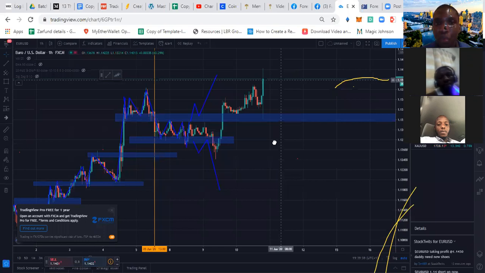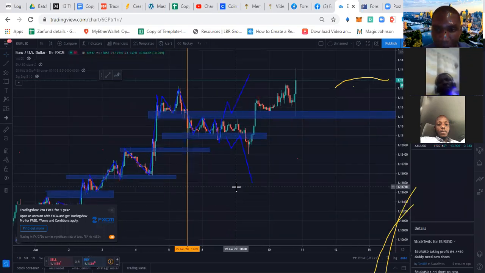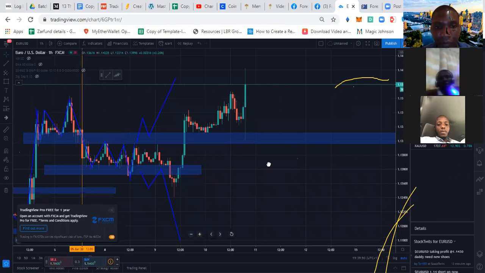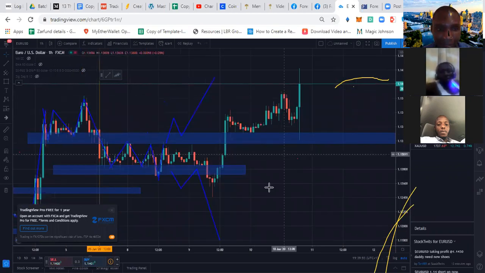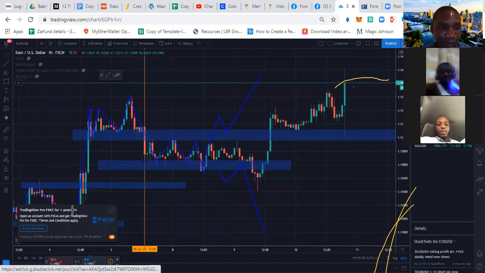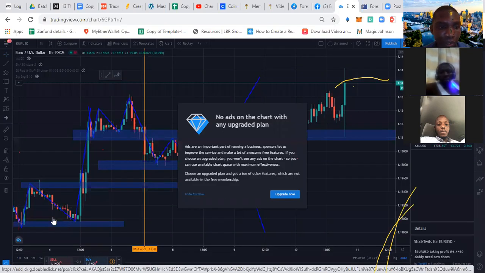Now, this is a trade we've taken before. And look what we marked here. We follow this market from this bottom all the way up here.